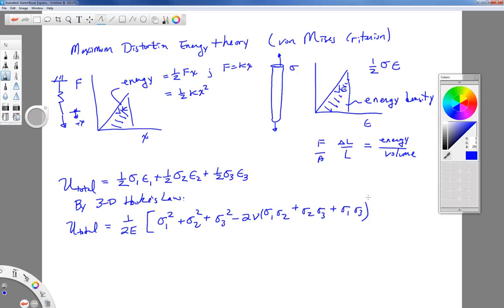It's kind of a long equation. But here we have the sum of the normal principal stresses squared. We have Poisson's ratio. And then we have this combination of multiplying principal stresses by each other.